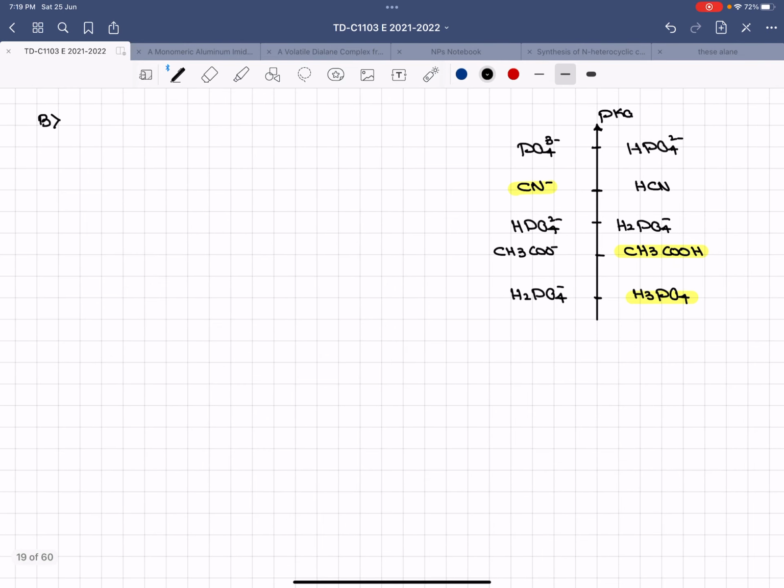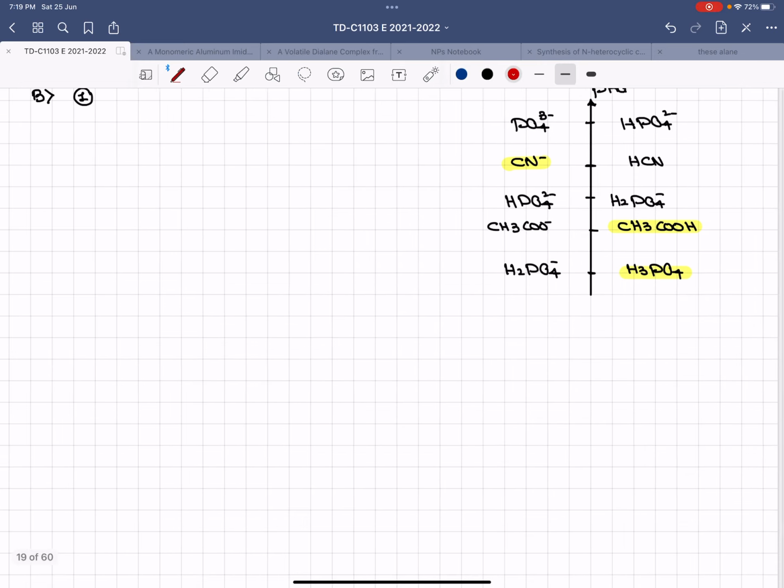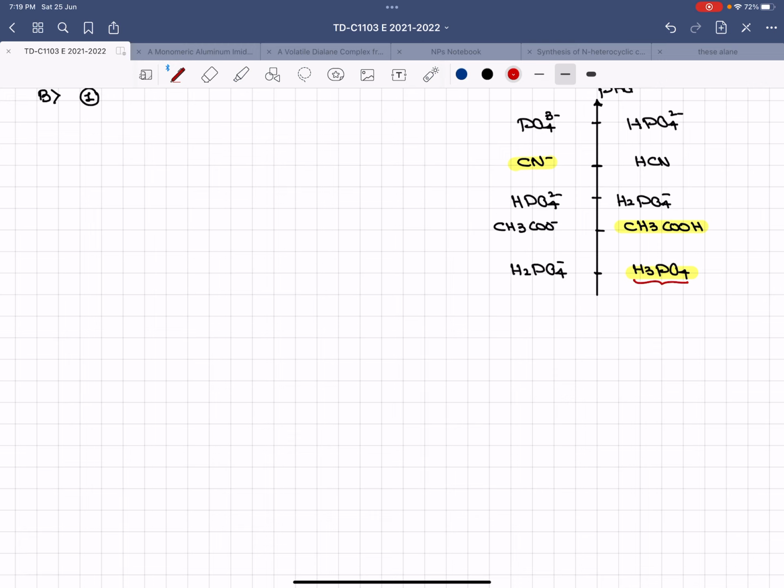Think about pKa. The major reaction that will take place will be between the strongest base and the strongest acid. That means the biggest or largest difference in pKa. This is an acid, this is the base.